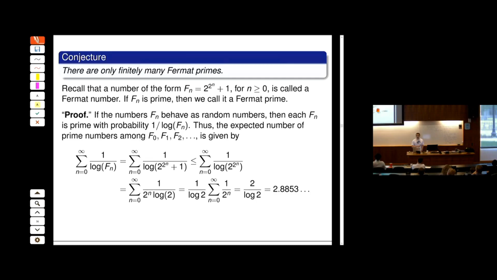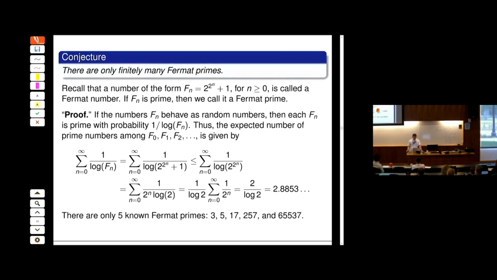So that says that if it's true that we have such a density function for the primes, and it is true that the Fermat numbers behave just randomly, that formula is jumping from number to number at a random pace, then there should be about 3 Fermat primes. Now that's false, because there are 5 at least.